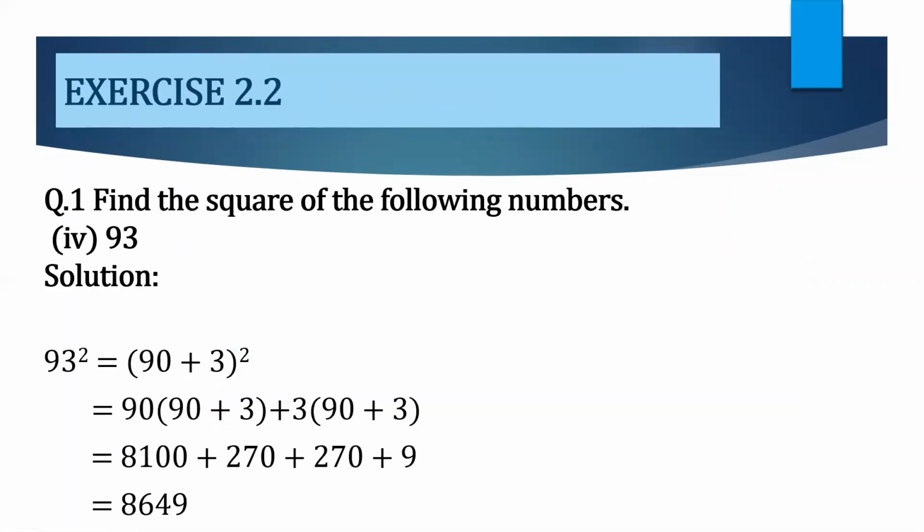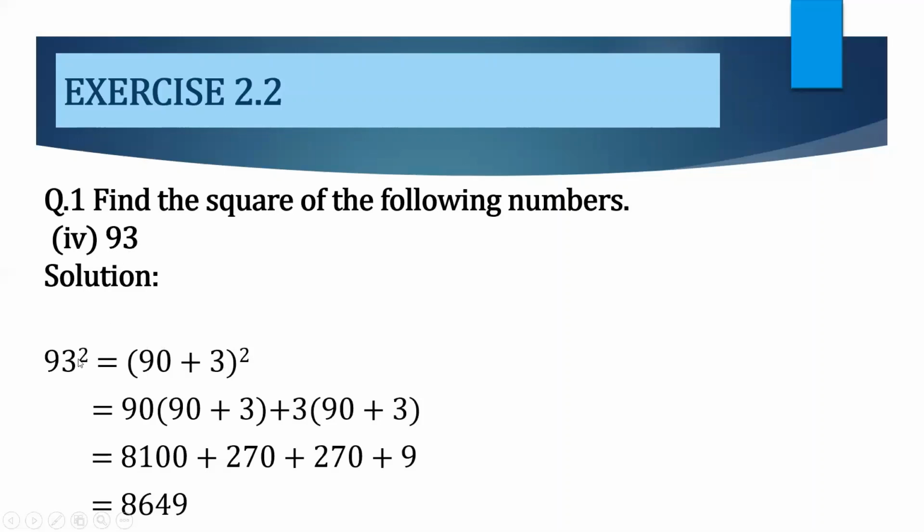So let's start with exercise 2.2. Question 1. Find the square of the following numbers. We have to find the square of number 93. As I said earlier, we have to split this number 93 into 90 plus 3.